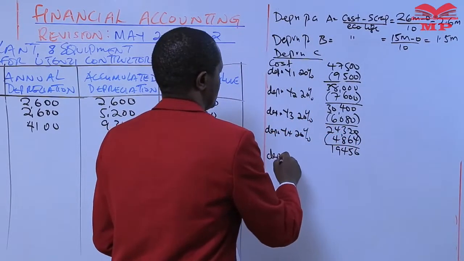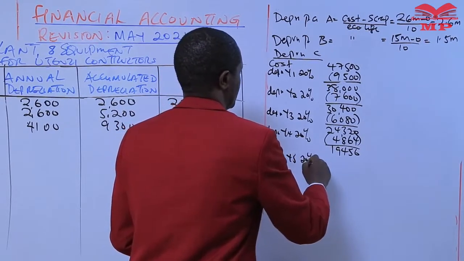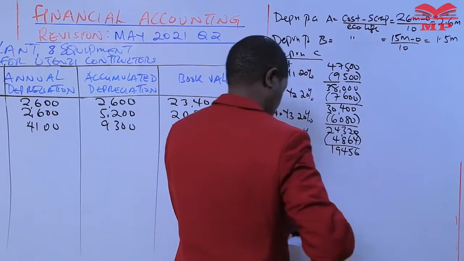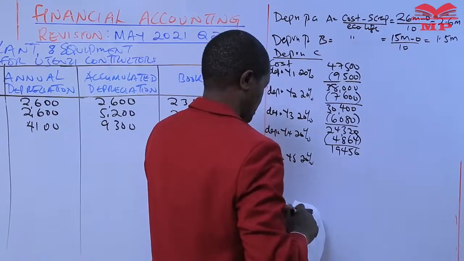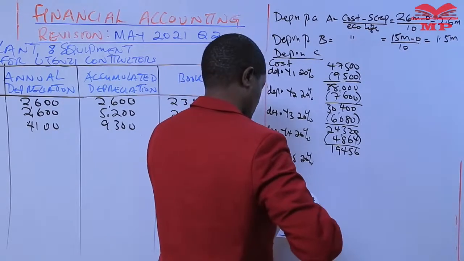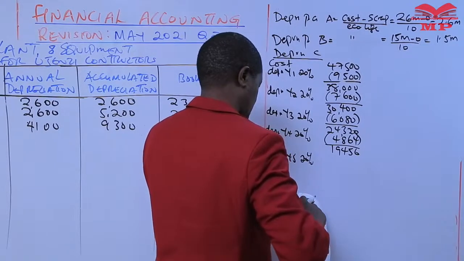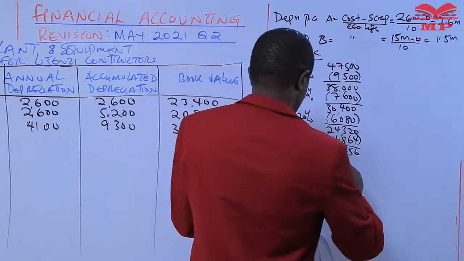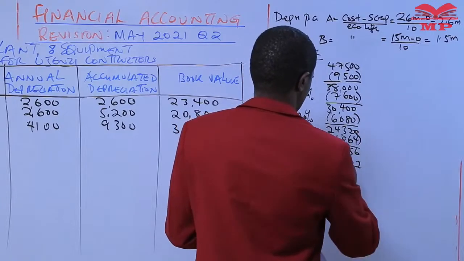Depreciation year 5, 20% of 19,456, is equal to 3,891.2.